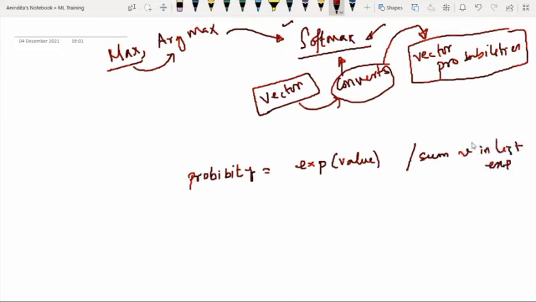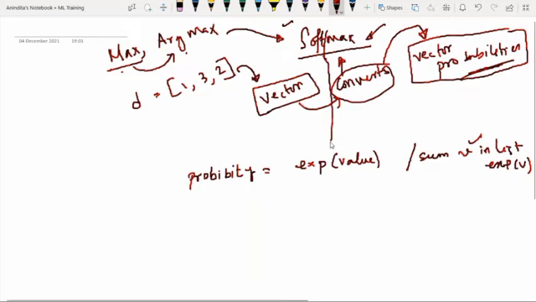Here max and argmax are dealing with a particular list of values. And softmax is not dealing with the value; softmax is dealing with the input vectors in order to convert them into some probabilistic concept. So basically softmax uses this concept.